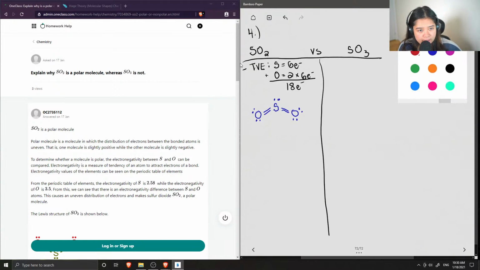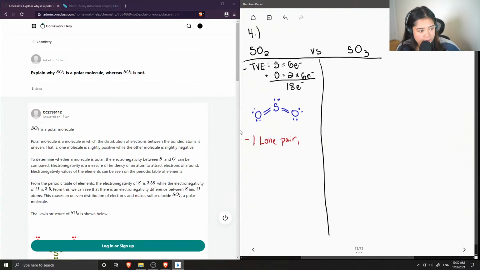So now let's analyze the shape of this molecule. The central sulfur atom contains 1 lone pair, and it contains 2 bonded atoms.